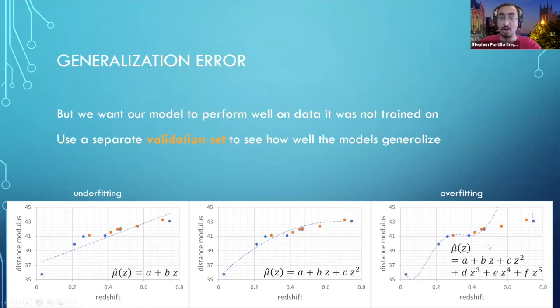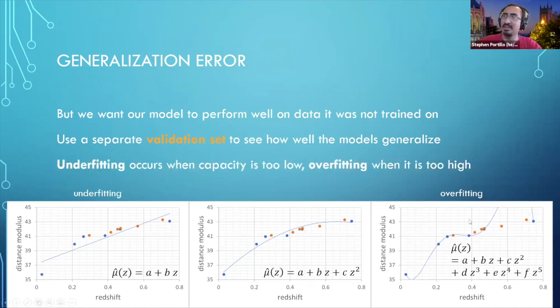We call this overfitting because it's taking the training data too literally. It's fitting it perfectly, but it's not going to do well on new data, on the validation set. By contrast, a model that has low capacity, like the linear model on the left here, doesn't do well on the training data or the validation data.